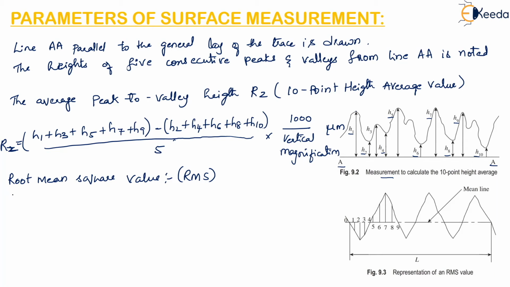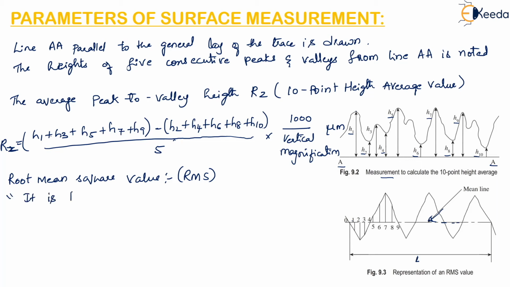RMS can be defined as the square root of the mean of squares of the ordinates of the surface measured from a mean line. This is the mean line in the figure and these are the ordinates, 1, 2, 3, 4, up till n, and L is the length of the total surface roughness.